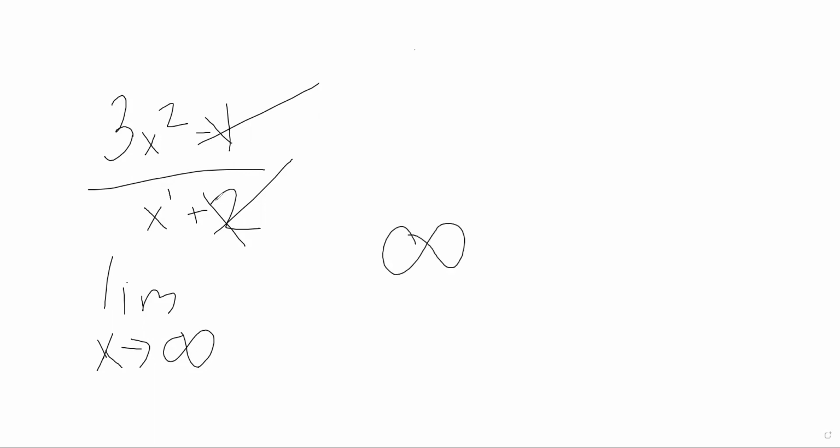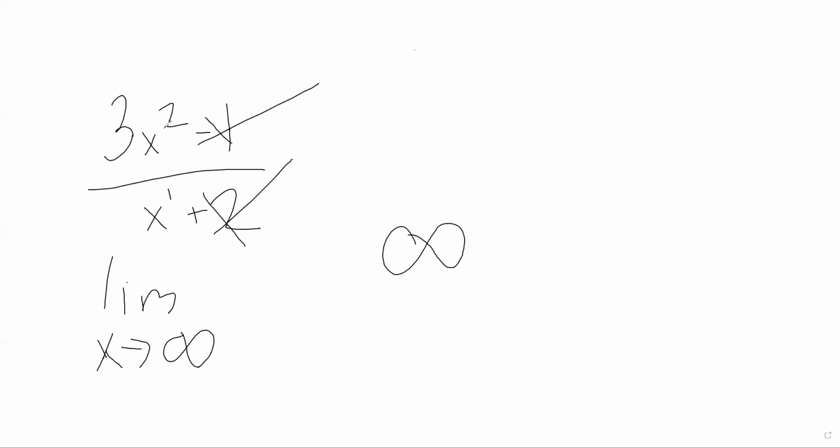And how do I know that? It's because if you plug infinity in for x, right? Let's say we stick with the 10 million. On the top, we're going to have 3 times 10 million squared over 10 million. And whatever that division is, it's not going to be anything in comparison to whatever this 10 million or infinity squared is.